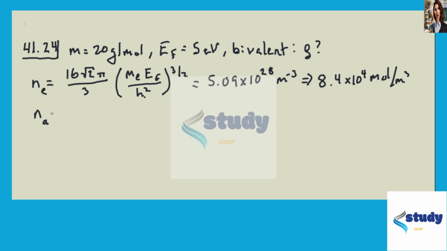So now the number density of the atoms, we have 2 electrons per atom. So the number of atoms will be half the number of electrons. So this will be 4.2 times 10 to the 4th moles per cubic meter.